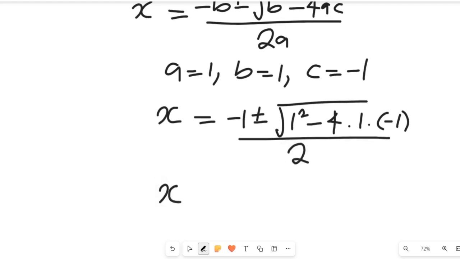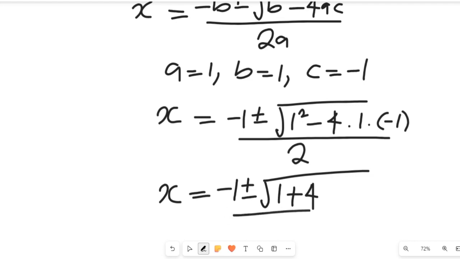So we'll have x equal to negative 1 plus or minus square root of 1, minus times minus gives us plus, 4 times 1 times 1 gives us 4, and all of this will be divided by 2.